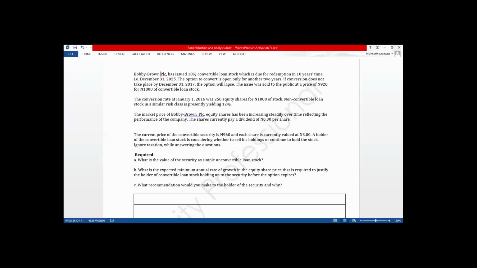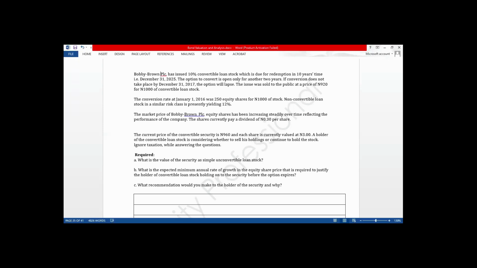The option to convert is open only for another 2 years. If the conversion does not take place by December 31st, 2017, the option will lapse.